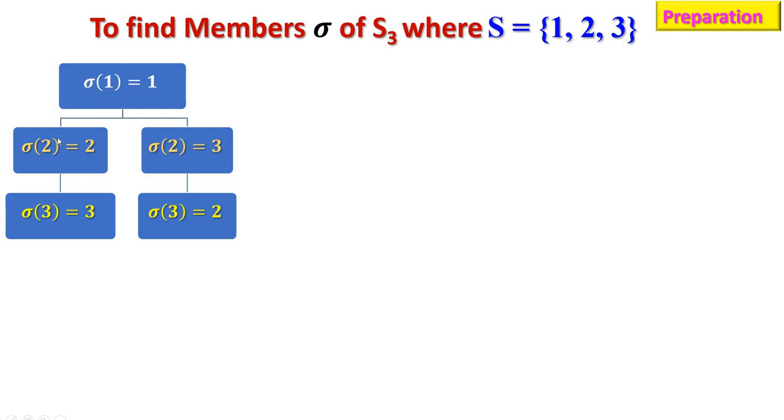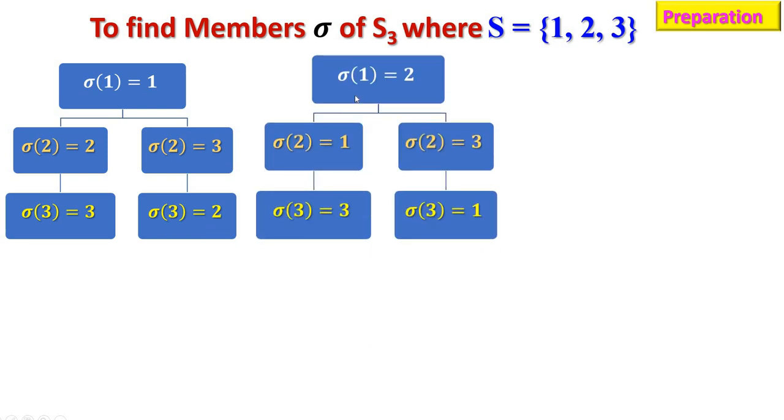Once you fix that, sigma can take 2 to 2 or sigma can take 2 to 3. Now once you fix sigma taking 1 to 1, 2 to 2, naturally sigma has to take 3 to 3. And if sigma takes 1 to 1 and 2 to 3, naturally 3 should be taken to 2.